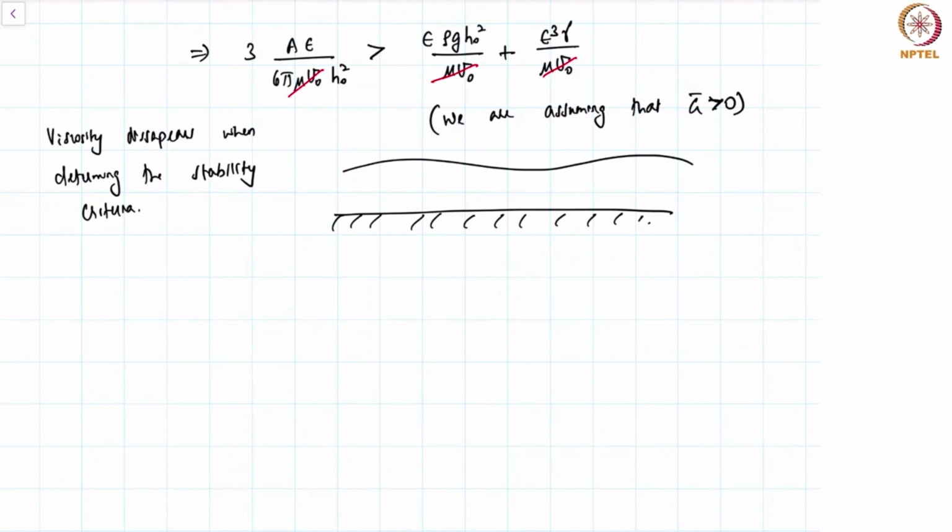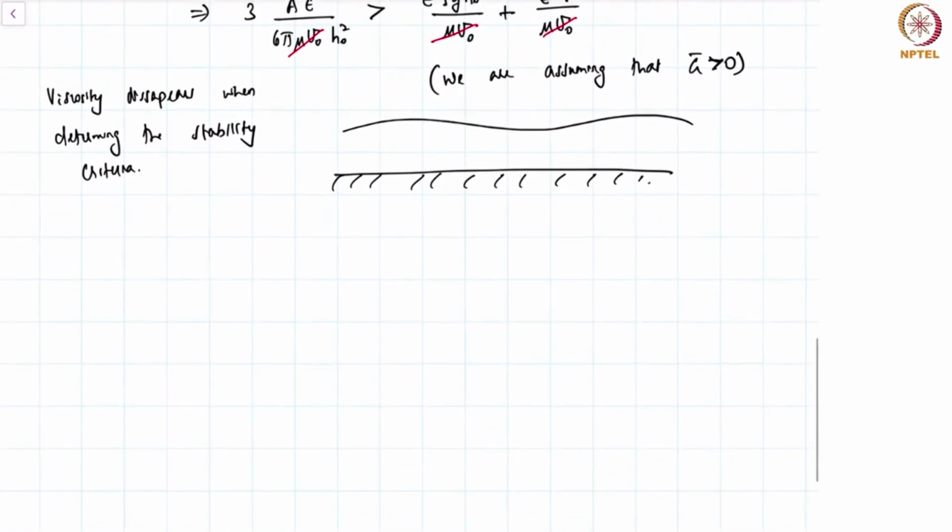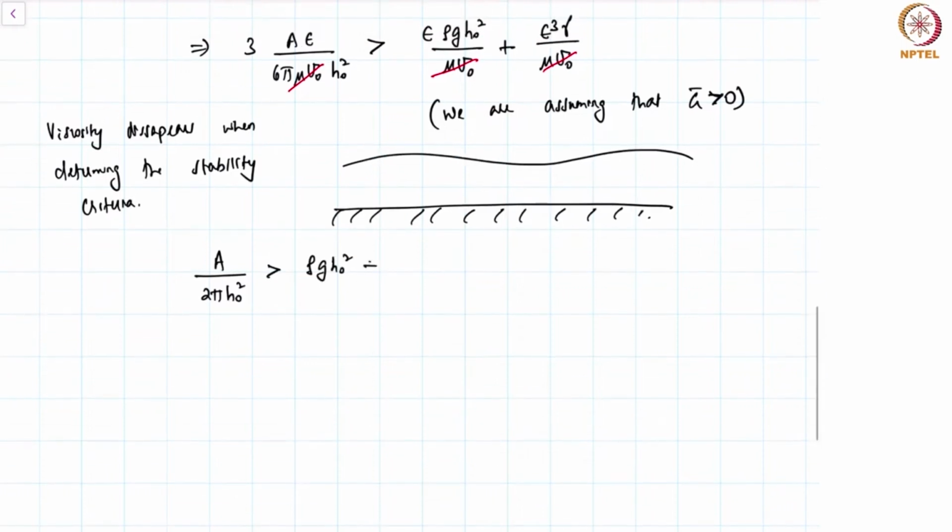We have A by 2 pi h naught square has to be greater than rho g h naught square plus epsilon square gamma.